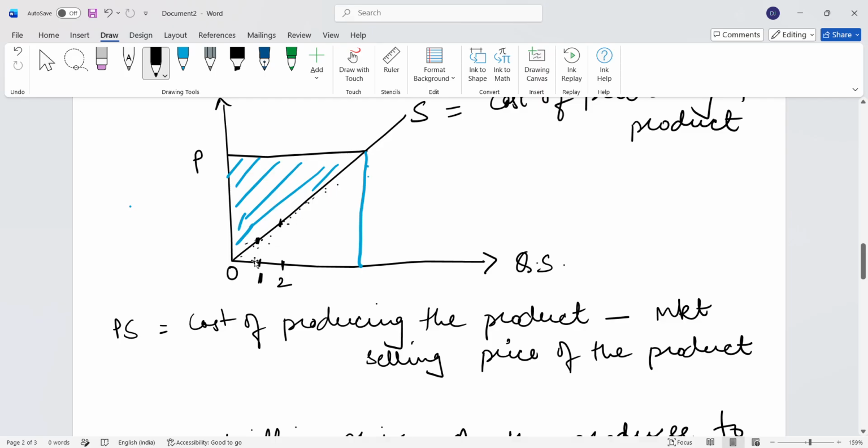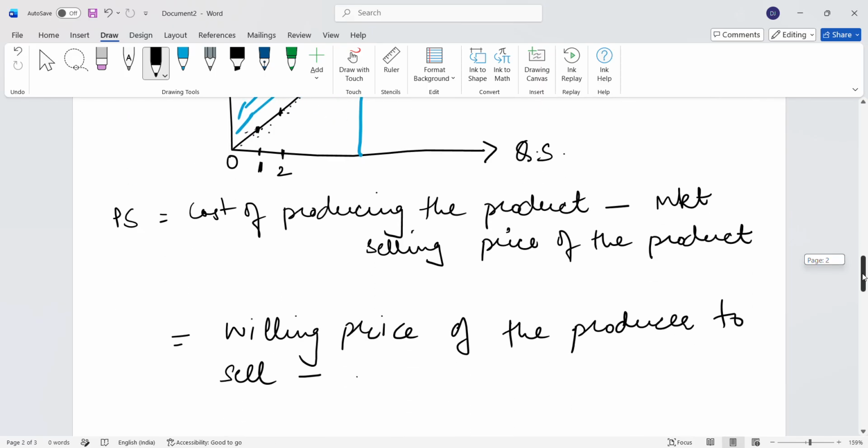Or in other words, it's the willingness of the producer to actually sell a product at what price the producer wants to sell, because the supply curve gives you the willingness price of the producer to sell a product minus the actual price the producer gets. So basically the difference between the two. In order to give you a positive number, it has to be the other way around.